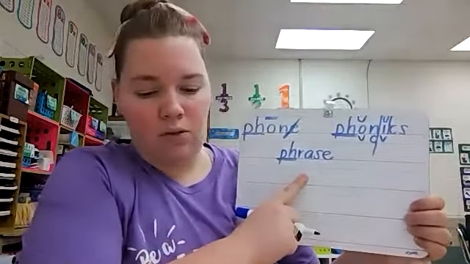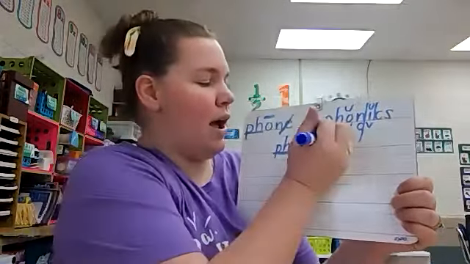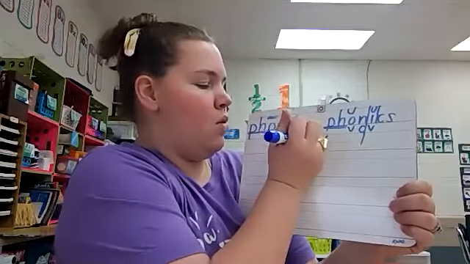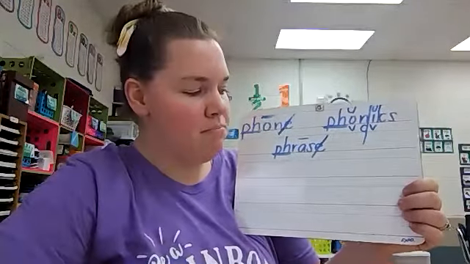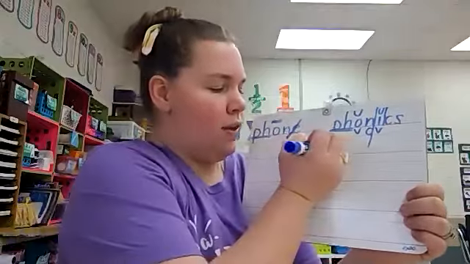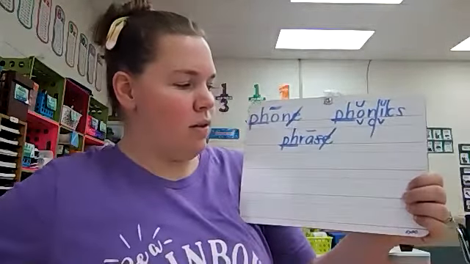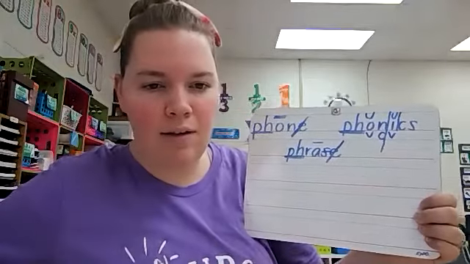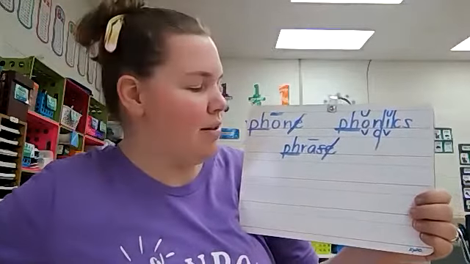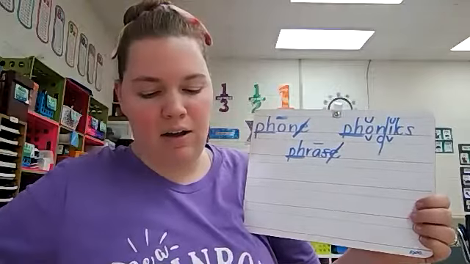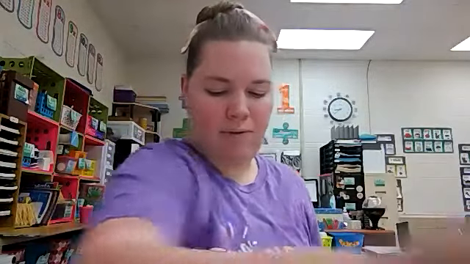And for the last word, we have that silent E at the end, which means the A is going to say its name. This S is going to be voiced. So this is phrase. Very good. Now we have a picture card for today. Let's see if you can guess what is on the card. This is something that we use to talk to someone.